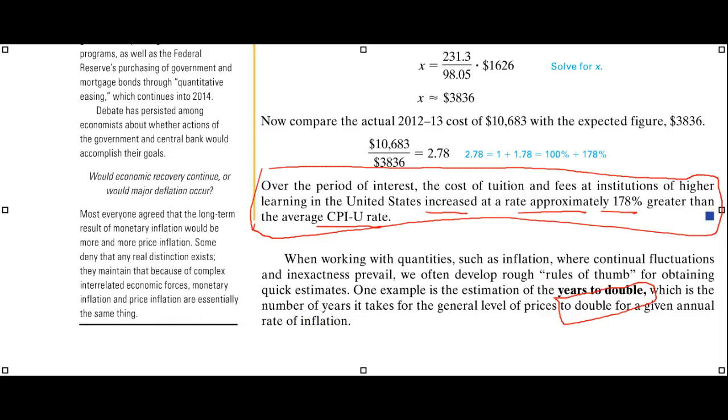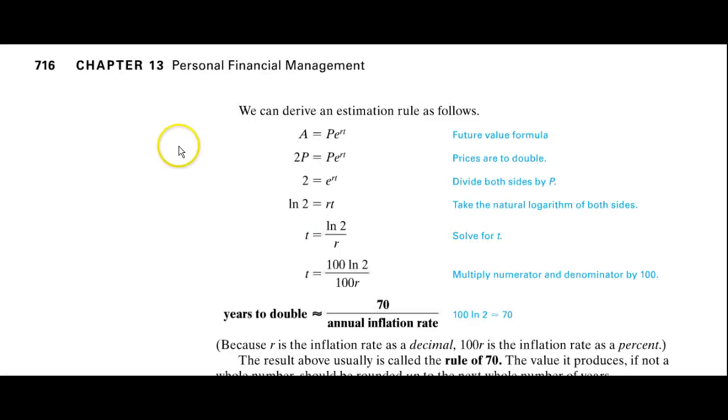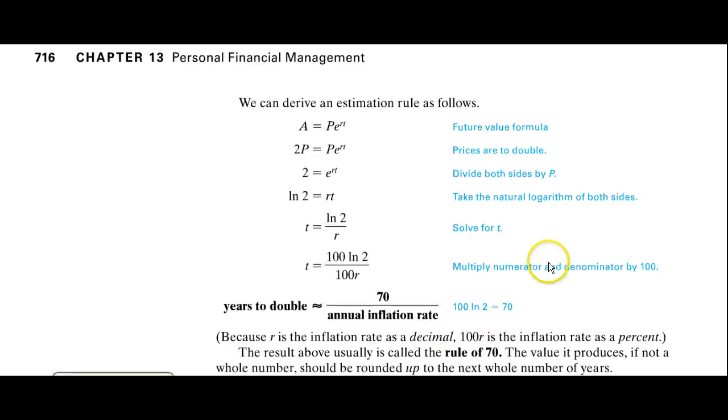And as inflation goes, looking at this last formula, and we used a little bit of this before, where we had e to figuring doubling time, following it through, and here we're using natural logs. We get years to double is approximately 70 divided by the annual inflation rate. So we often refer to this as the rule of 70.